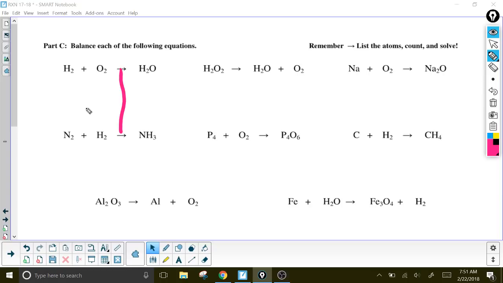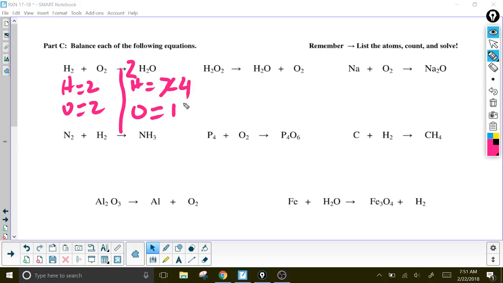I will have an answer key for you, and it will look something like this. Like for the first one, I'll do the first one. So H equals 2, O equals 2, H equals 2, and it's one that we already did anyway. O equals 1. We put a 2 in front of here, and that gives us 4, and 2, and then we put a 2 in front of there, and that gives us 4, and we're balanced.